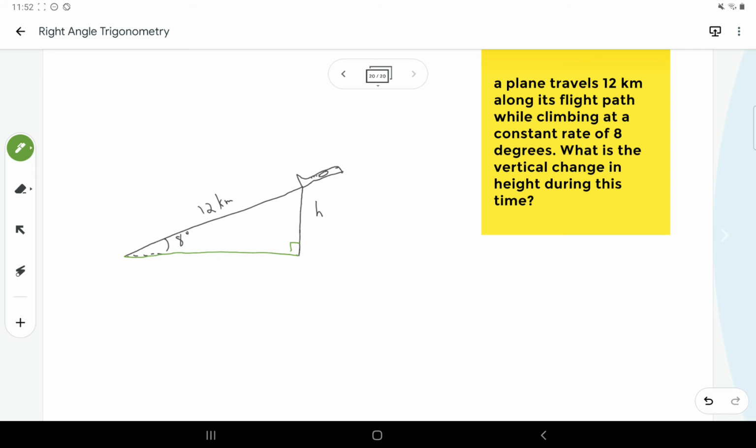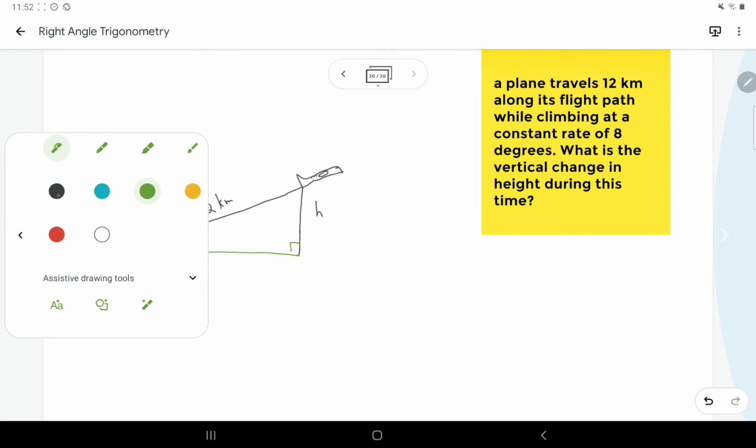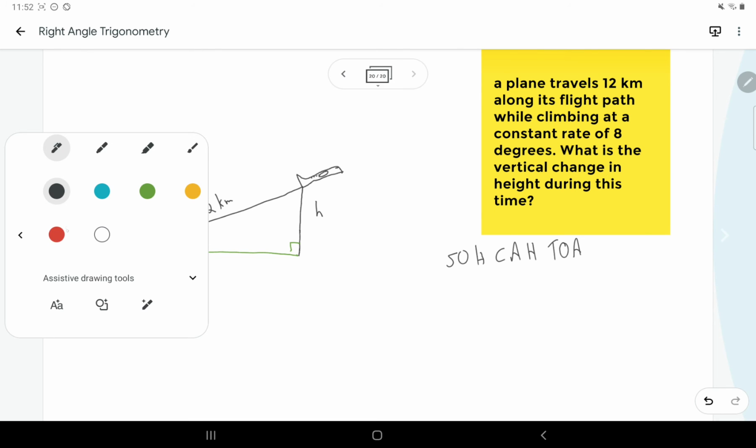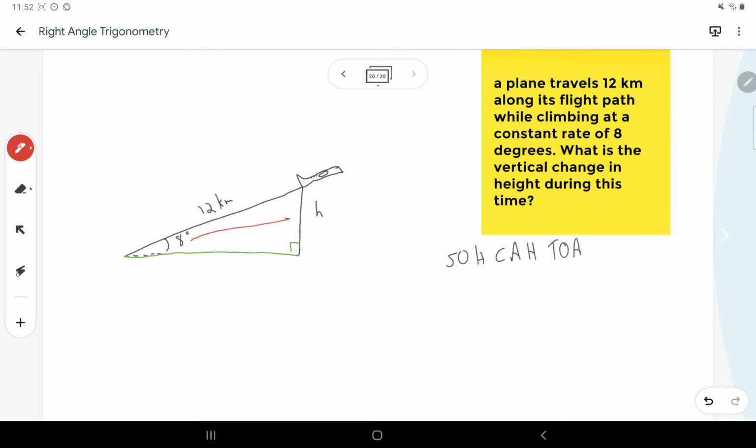We've got an angle and a side, which means we're going to have to use some form of SOHCAHTOA. Okay, so first things first, let's label some sides here. If we look all the way across from the angle, we see our opposite side. If we look across from the right angle, we see our hypotenuse. So we're looking for hypotenuse and opposite.